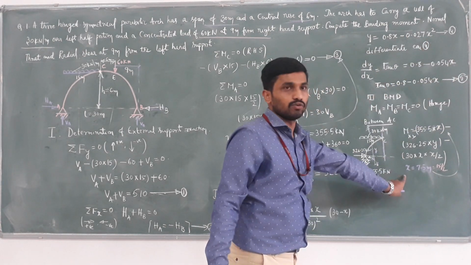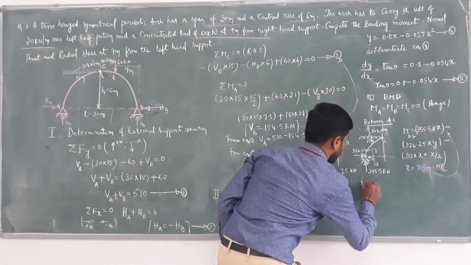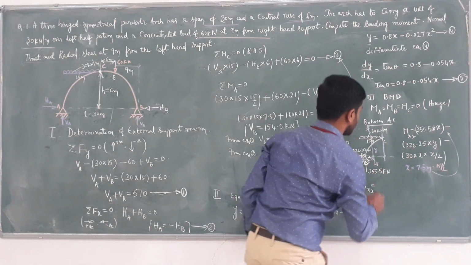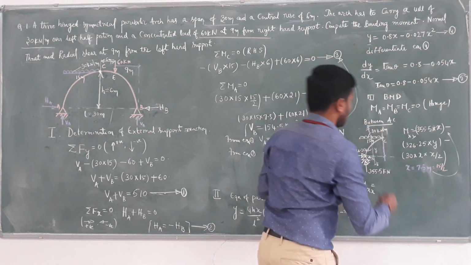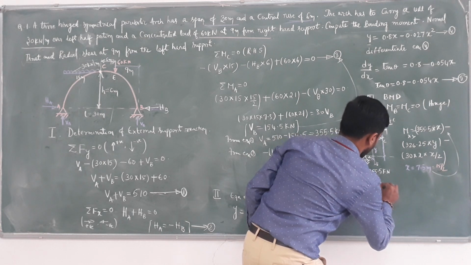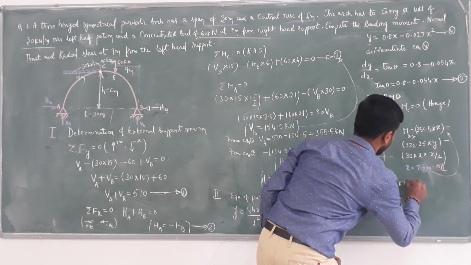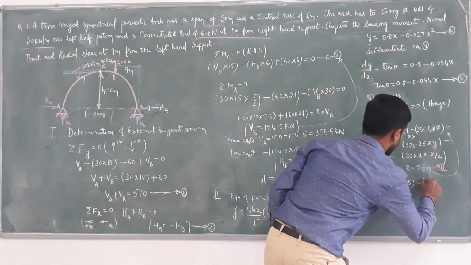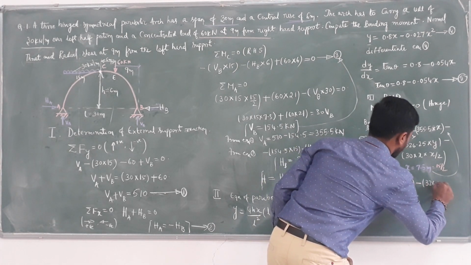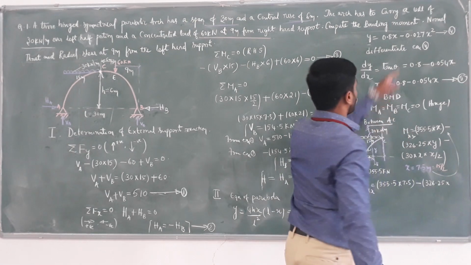I know the x value. So now MXX, the moment between A and C, will become 355.5 into 7.5 minus 326.25 into y. What is y?